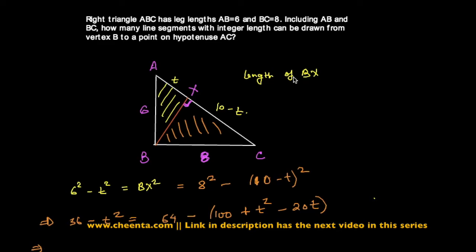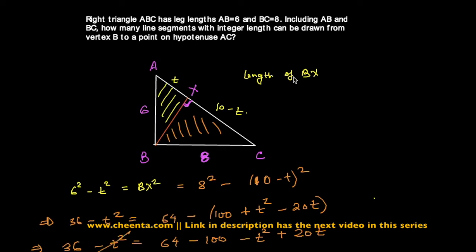So you get 36 minus t square equal to 64 minus 100 minus t square plus 20t.